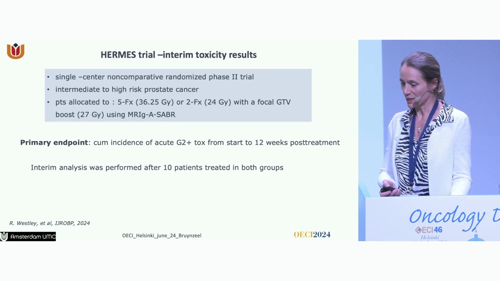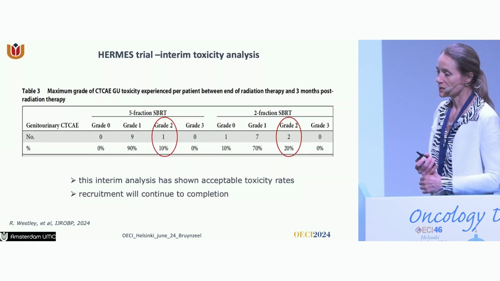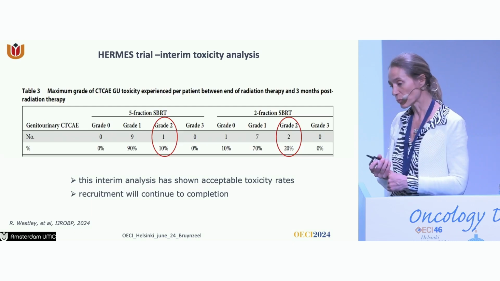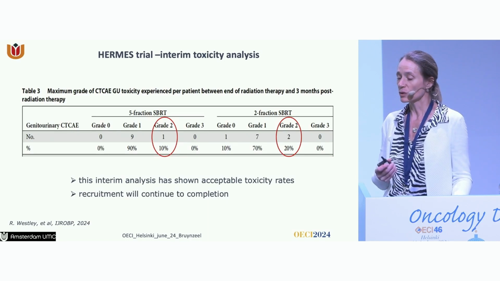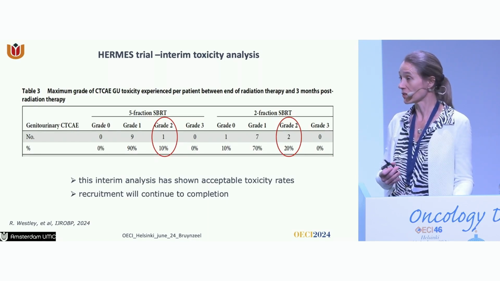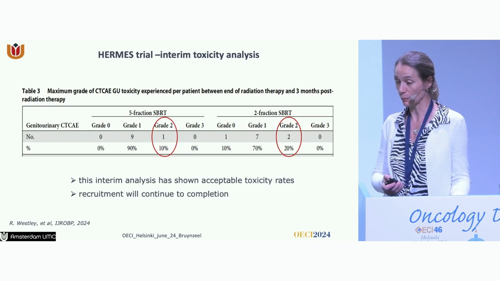And they performed an interim analysis after 10 patients. And as you can see here, the grade 2 toxicity in the 5-fraction scheme was 10%, and in the 2-fraction scheme was 20%. So this interim analysis has shown acceptable toxicity rates, and recruitment will continue to completion.